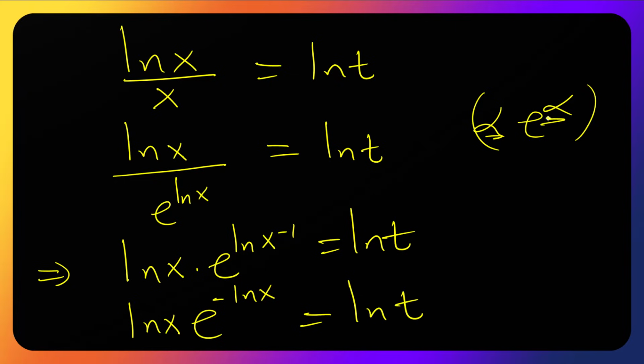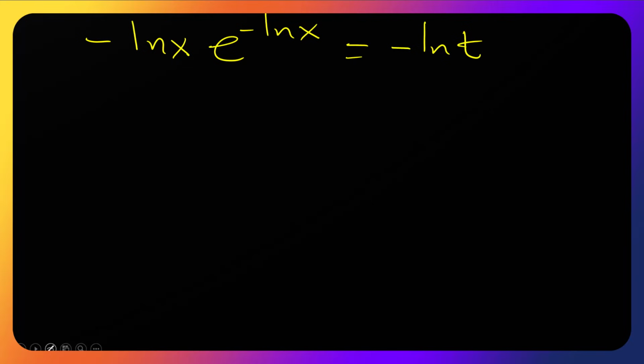So something is missing here. You have minus ln of x, and this side is positive. So let's balance it as we multiply both sides by minus 1. So minus ln of x times e to the minus ln of x equals minus ln of t.